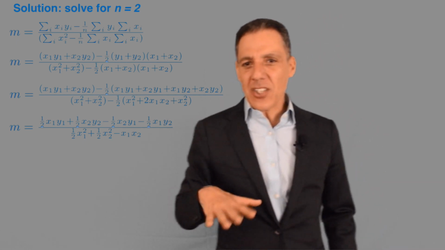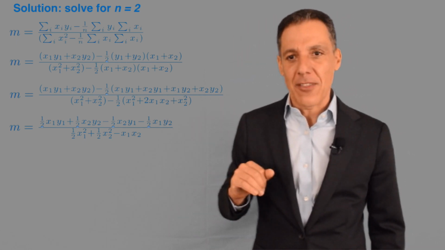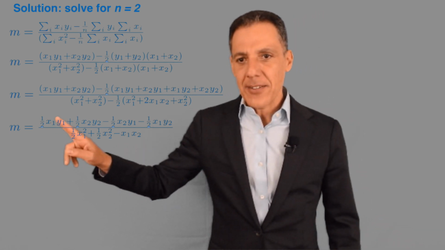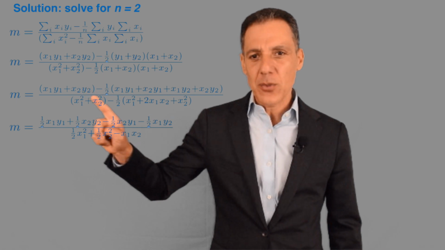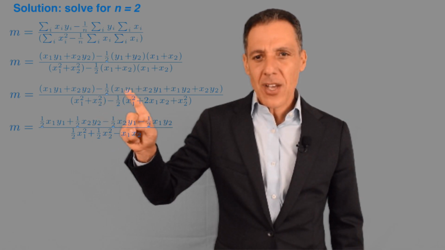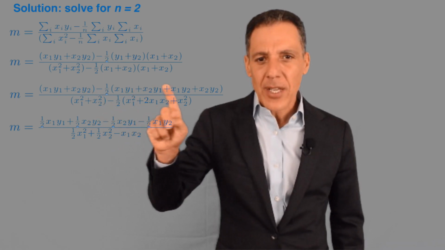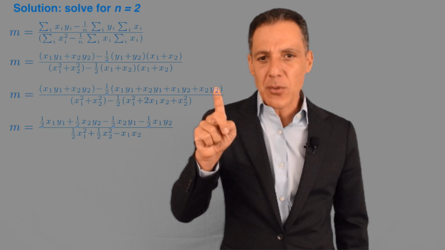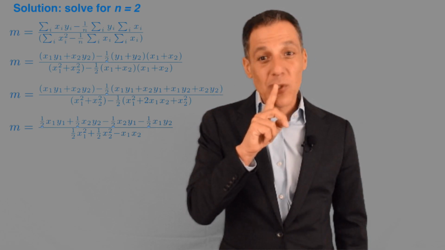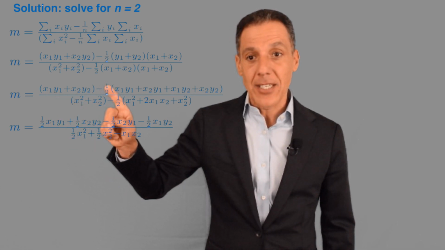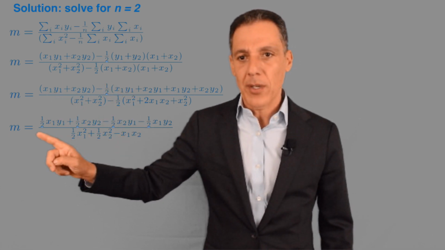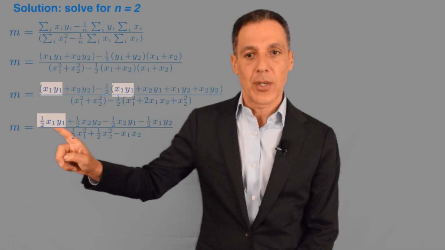All right, let's start grouping a few things together. I've got an x1 y1 here, and an x2 y2 here, and there's another x1 y1 here, and there's an x2 y2 there. So I should be able to pull those together. I've got x1 y1 minus 1/2 x1 y1, that's 1/2 x1 y1.